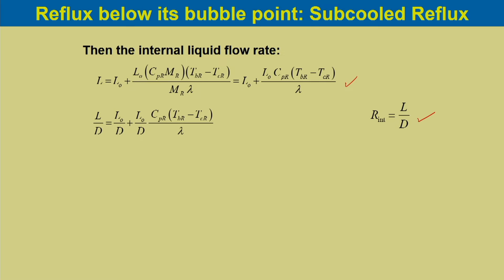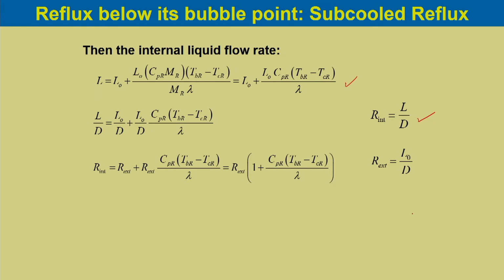And we can write R internal would be R external, because R external is L naught by D. So, R internal would be equal to R external plus R external into CPR into the temperature difference divided by lambda. So, we can take R external outside. So, it would be R external into 1 plus CPR into TBR minus TCR by lambda.